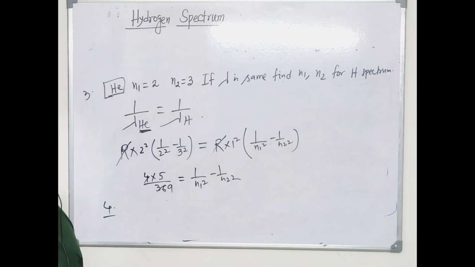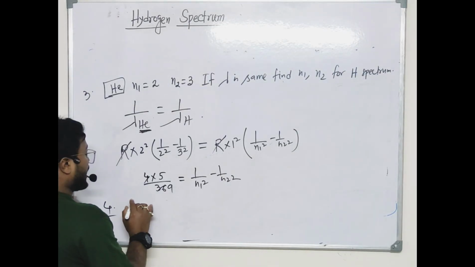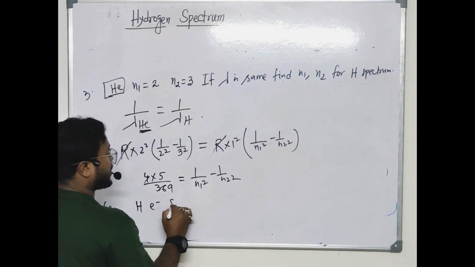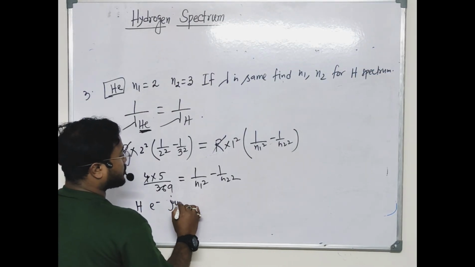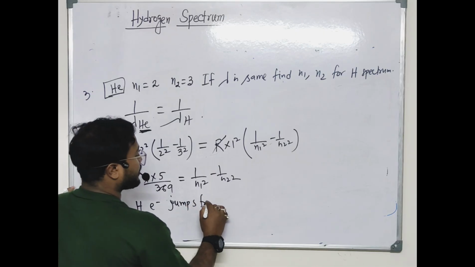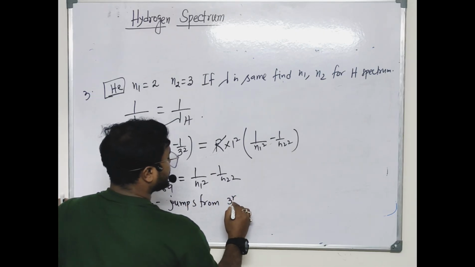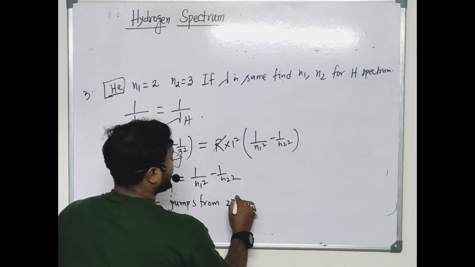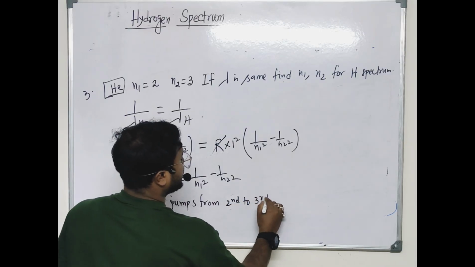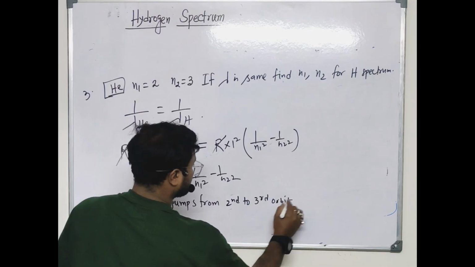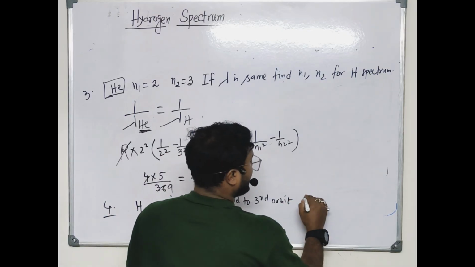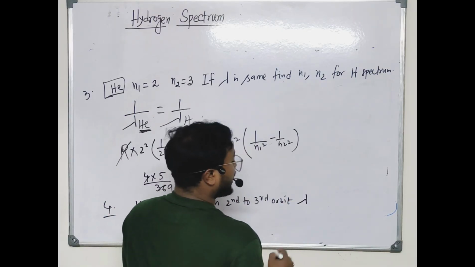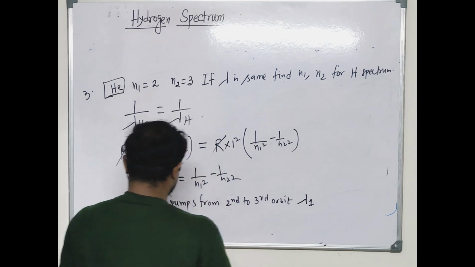For example, it is told that for hydrogen, an electron jumps from second to third orbit. The wavelength you got is lambda 1.